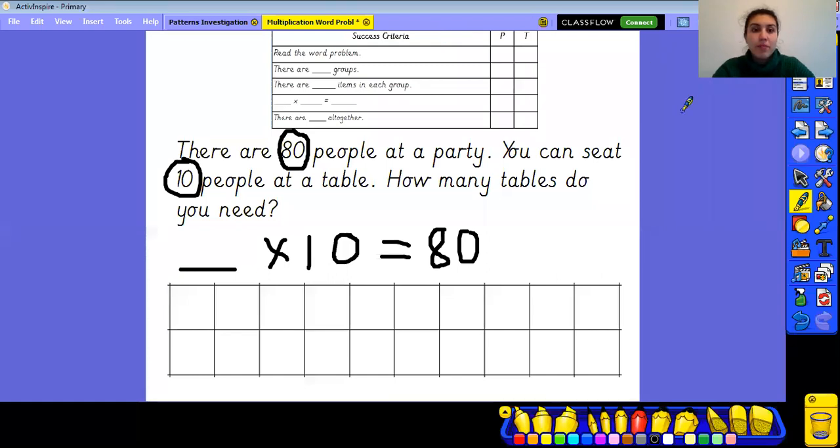Well, if I know that I'm using groups of 10 and I know that 10 is a factor, what I can do is count in my tens until I reach this number. So 10, 20, 30, 40, 50, 60, 70, 80. So how many groups did I need of 10 to reach 80? That's right, I needed 8.